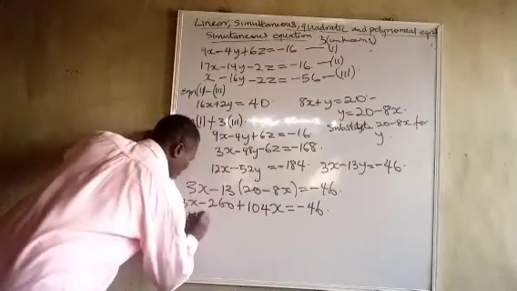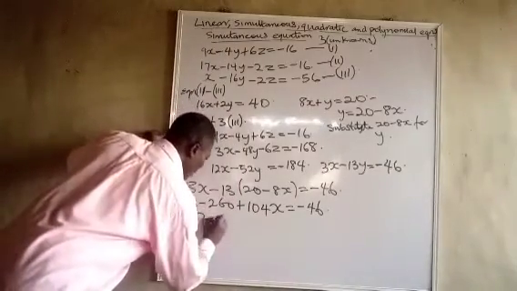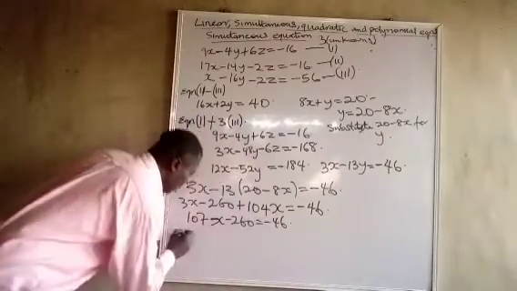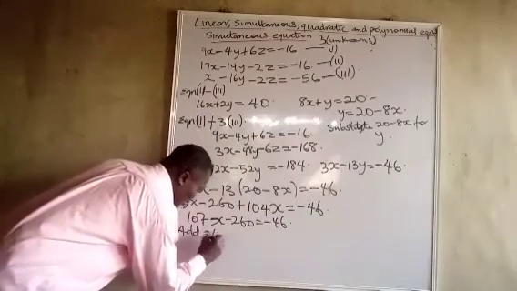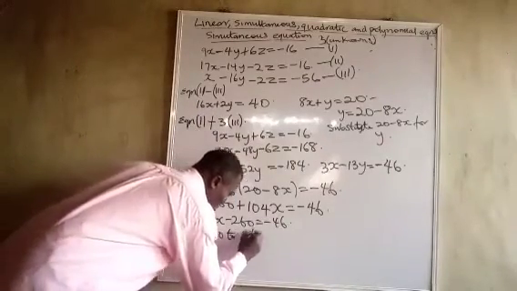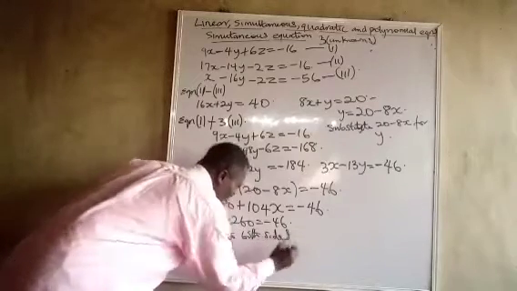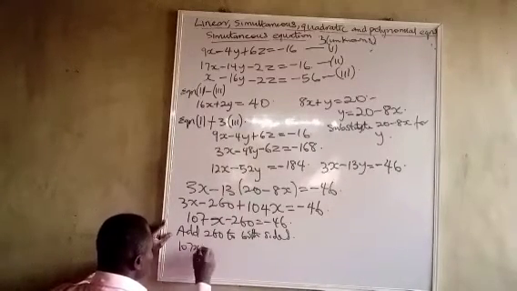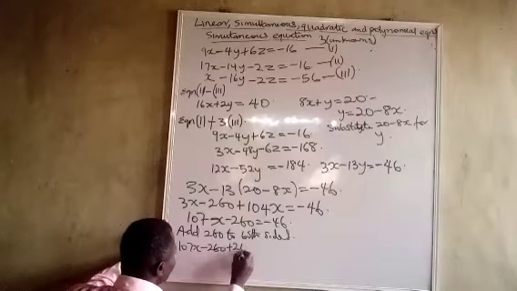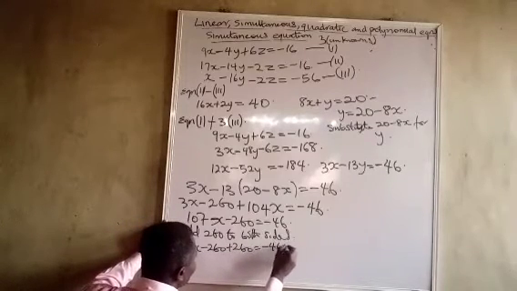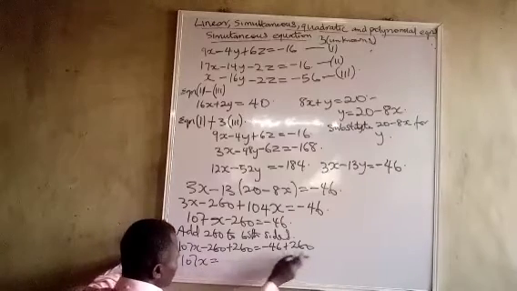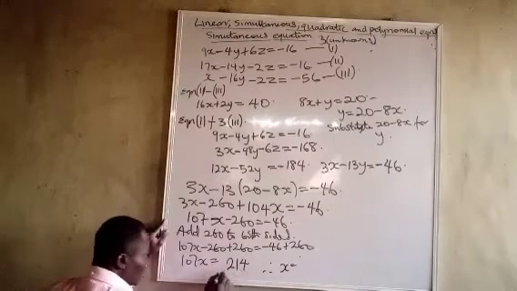That will give me 107x minus 260 is equal to minus 46. Let me add 260 to both sides. So that's going to give me 107x minus 260 plus 260 is equal to minus 46 plus 260. So I have 107x is equal to 214.